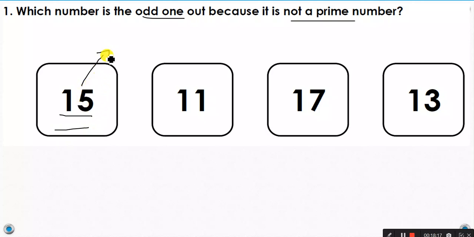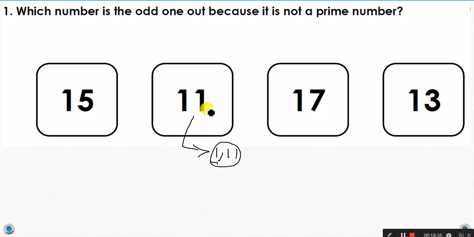It is composite because 15 is divided by 3, by 5, by 1, and by itself. So it has more than two factors. The others have exactly two factors. 11 has exactly two factors, so it is a prime number. This is also a prime number. This is also a prime number.